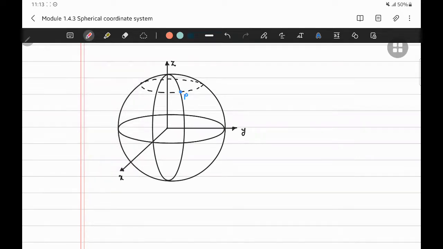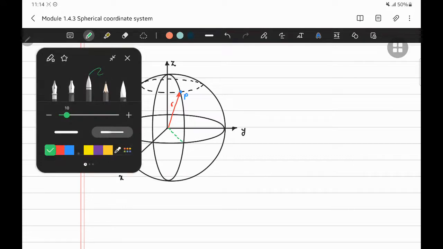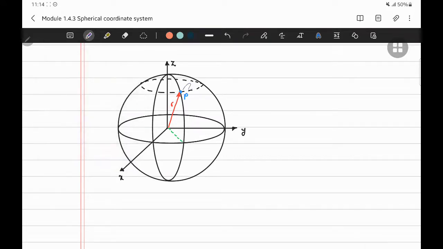So if I have, for example, a vector here, like R, and if I project this, let me just switch to another color. If I project this on the XY plane, as we already said, we have this, let's say, ER in this direction. So it is in the direction of increasing R. And then we have theta.